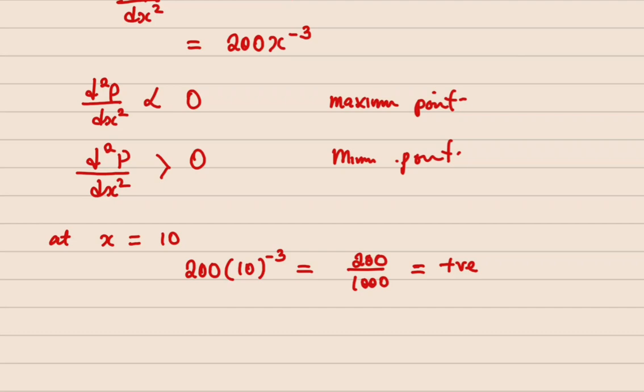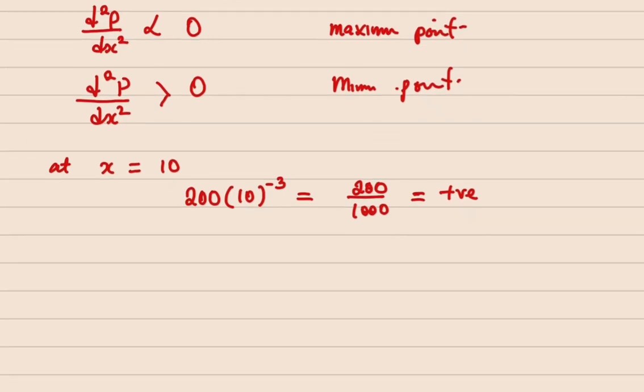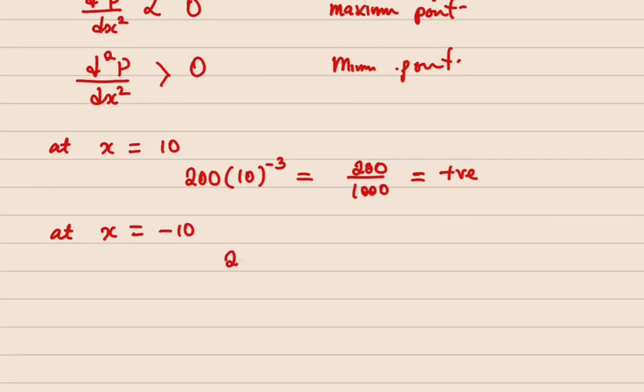If it is positive, it is greater than 0, so that is the minimum point. So x equals 10 is a minimum point. For x equal to minus 10, we have 400 times minus 10 raised to the power minus 3, which gives us minus 400 all over 1000, which is negative. So this is our maximum point.